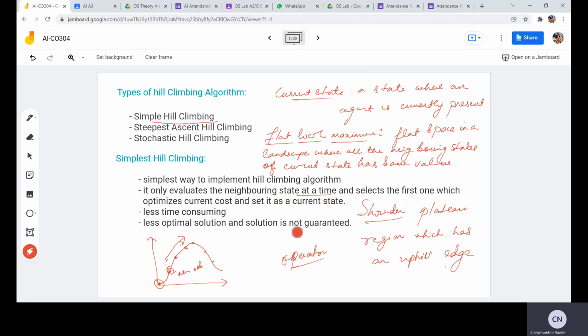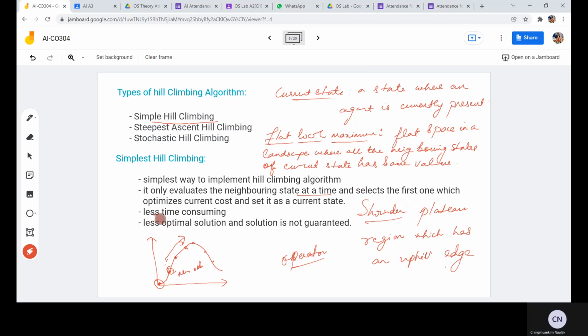In other words, it only checks one successor state at a time, and if the neighboring state is better than the current state, then it moves forward and makes that new state the current state. Else, if it doesn't find any better neighboring state, then it remains in the same state.